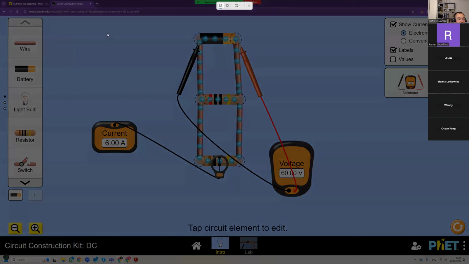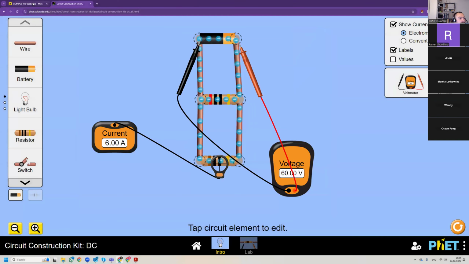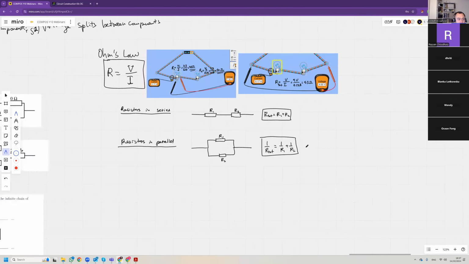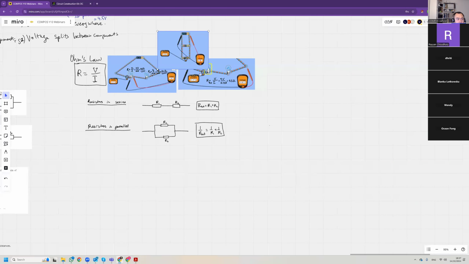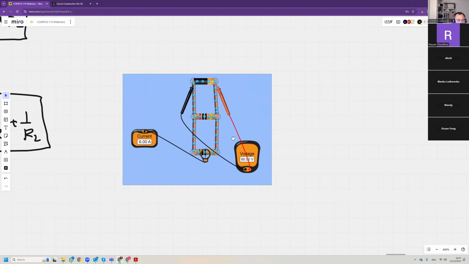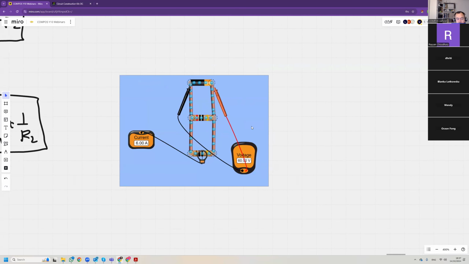Okay, so let's do that. Test. What we're trying to test, so we find R1. R1 is voltage divided by current.